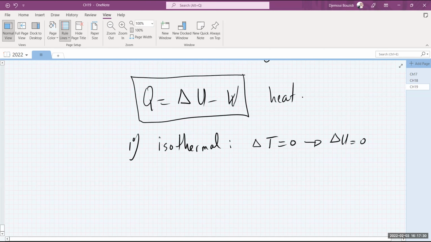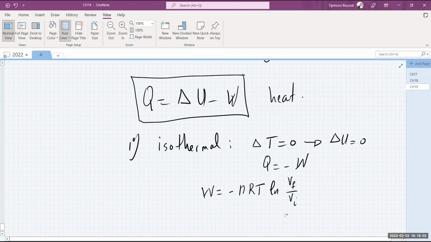So a system that goes through an isothermal process will not see its energy change, meaning that the work and the heat must satisfy this relationship so that if I add them, I get 0. The work here, if I remember correctly, was a negative nRT, because T is not changing, so it's the same T for this process, times ln of V final over V initial.